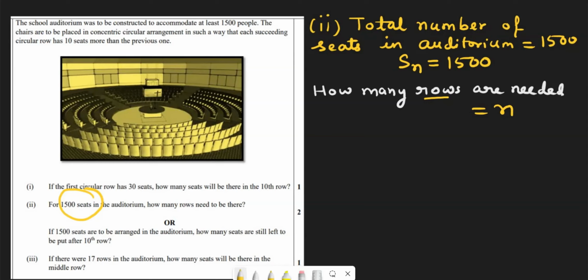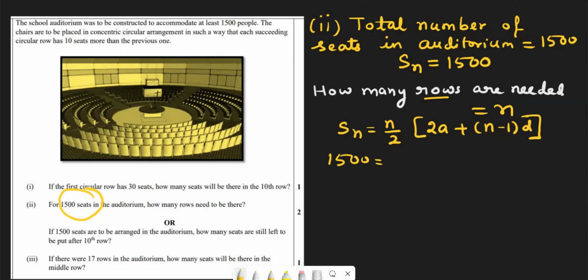But for the second formula, that is for finite terms, we have to find the nth term. So I'm using the first formula, that is Sn is n by 2 times (2a plus (n minus 1) d). So the total number of seats is 1500, which is n by 2. n is our requirement, n is the number of rows. 2 times 30.